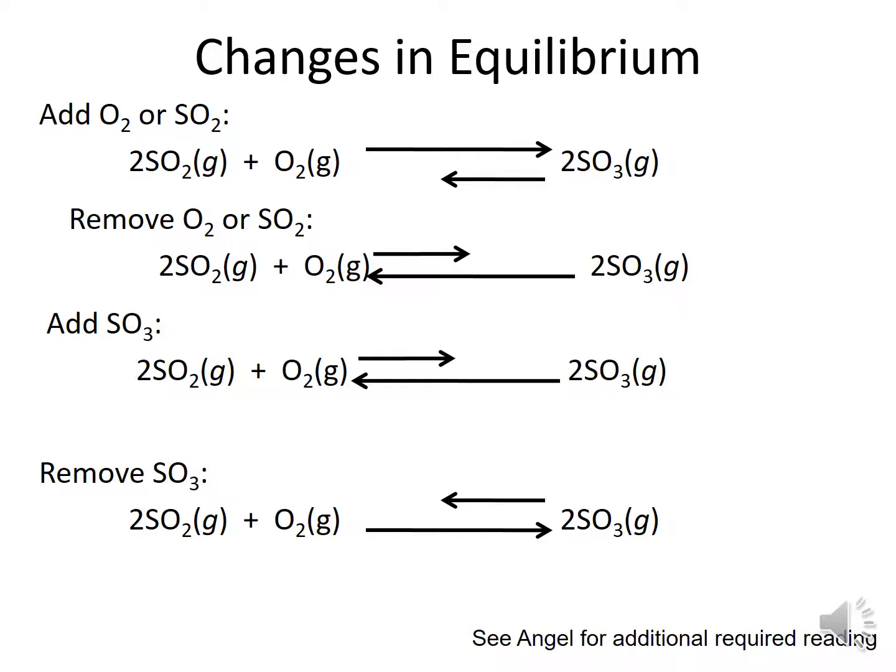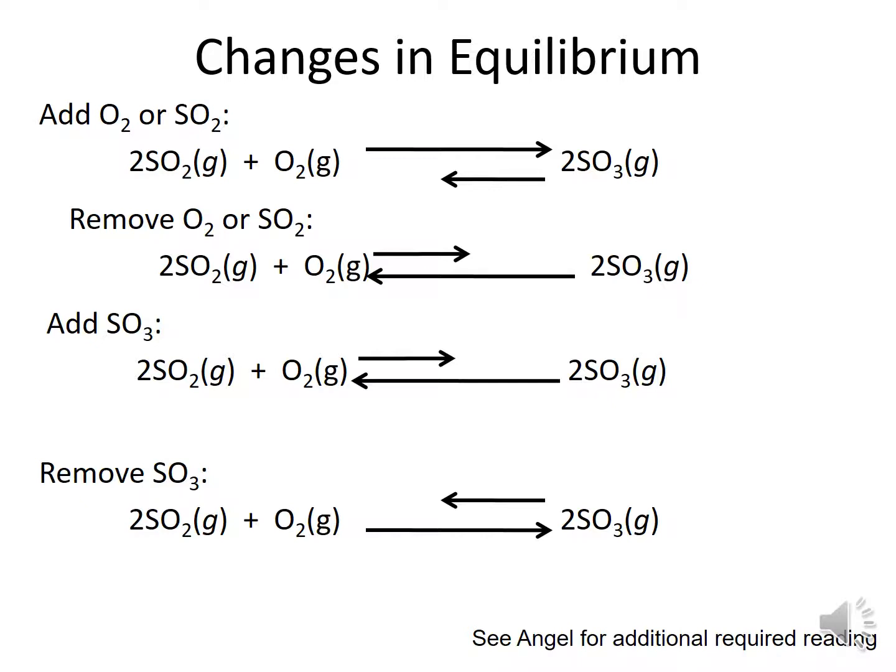If we take a look at the first reaction up here, let's say we have 2SO2 plus O2 yielding 2SO3. The addition of oxygen or sulfur dioxide, the addition of a reactant, would actually mean that the forward reaction will run faster than the reverse reaction.